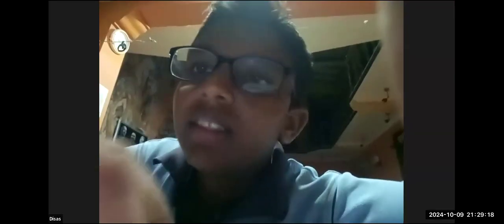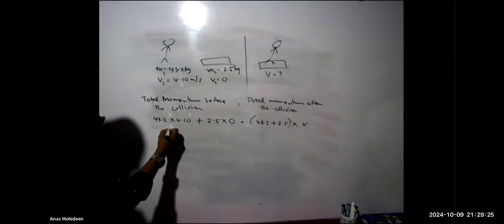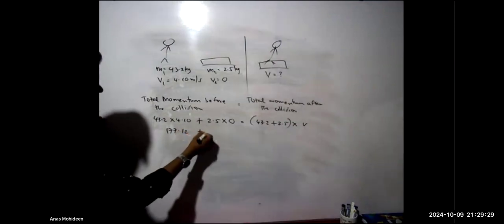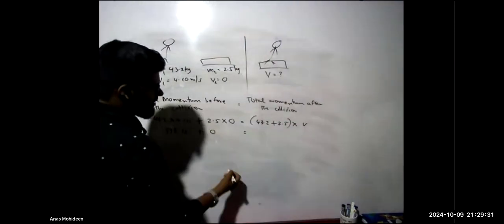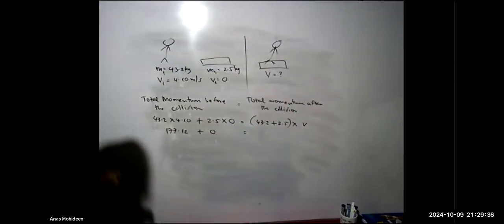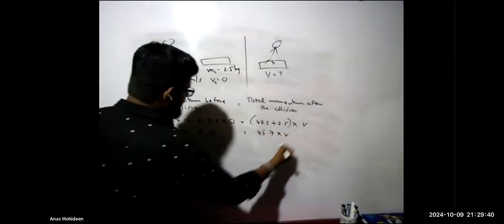Okay. It's 43.2 into 4.10. This gives, I think, just take it if it is correct, 177.12 plus 0 is equal to 43.2 plus 2.5, 45.7, I guess, into V2.